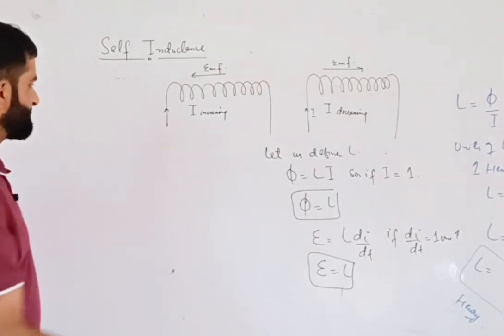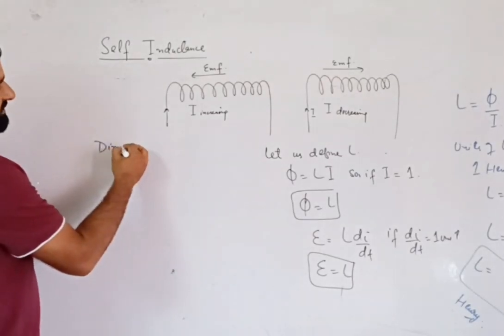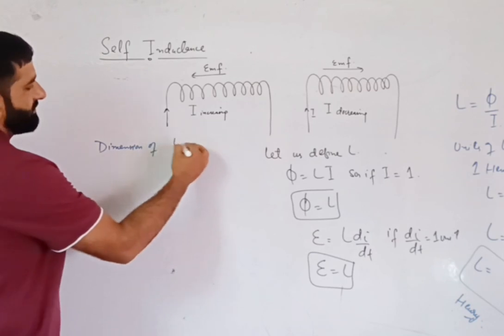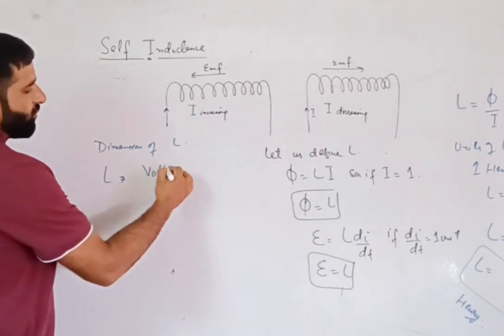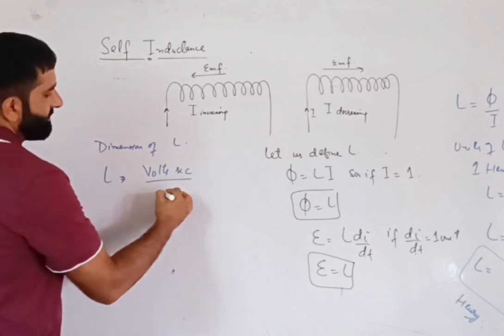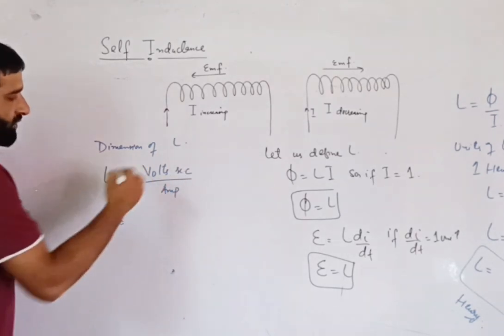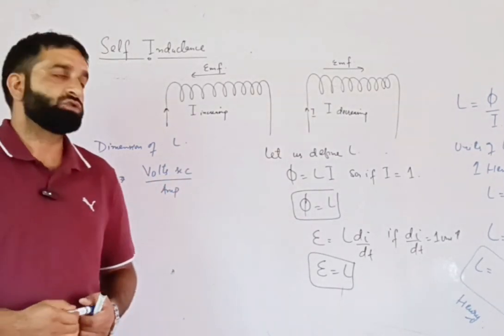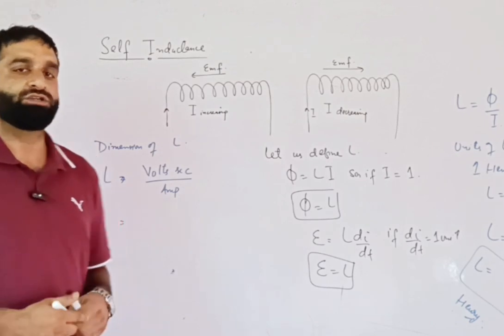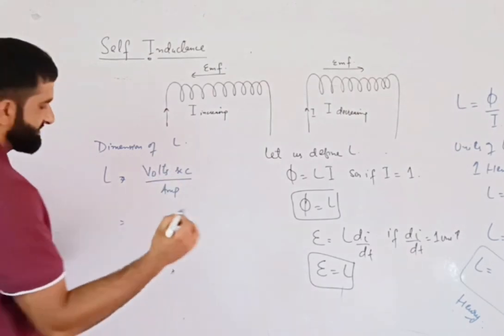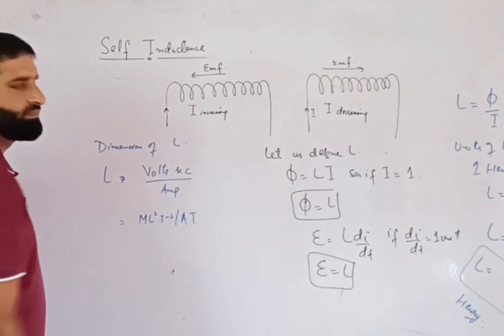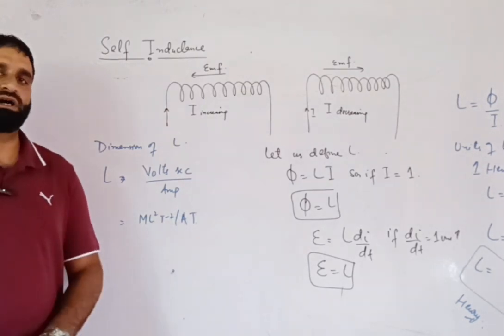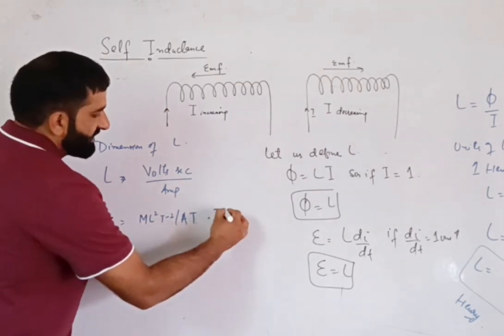Talking of the dimensions of L. Now we have L, the units of L are volt second per ampere. We know that the EMF or voltage, whose SI unit is volts, is work done per unit charge. That work done per unit charge has dimensions of ML^2T^-2 divided by AT, because current is charge per unit time, so charge is current into time.